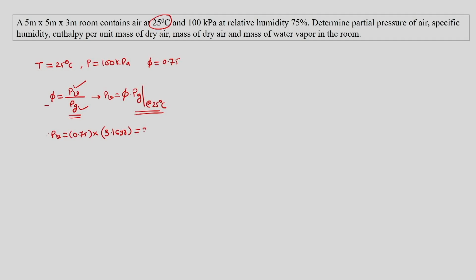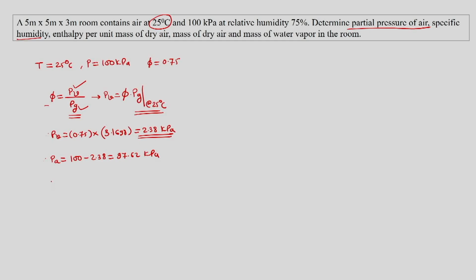So this gives us 2.38 kPa as the vapor pressure. So the partial pressure of air is equal to 100 kPa minus 2.38 kPa, which is 97.62 kPa. Now the partial pressure of air is found, as it was asked.